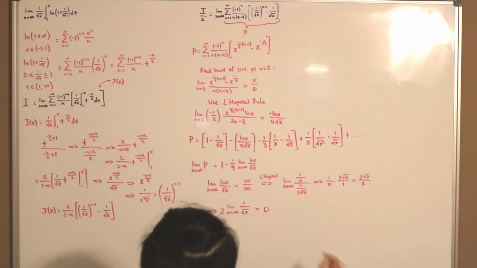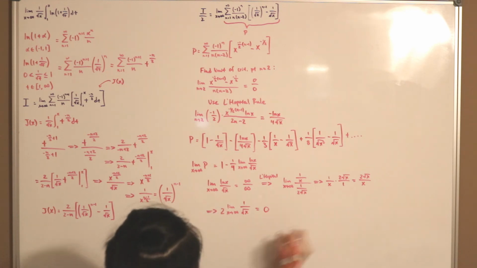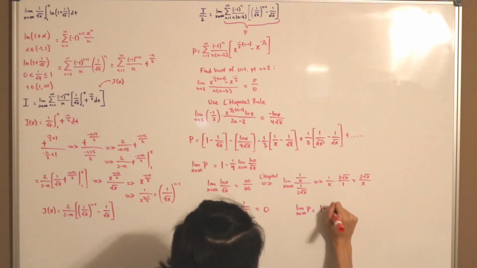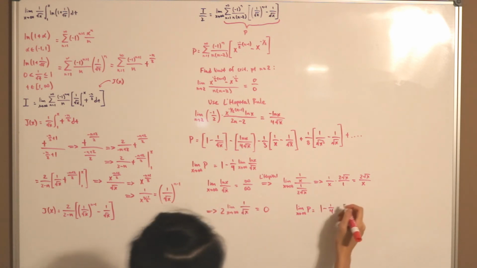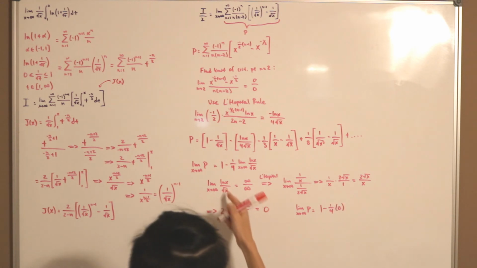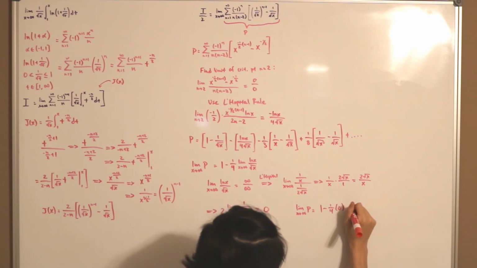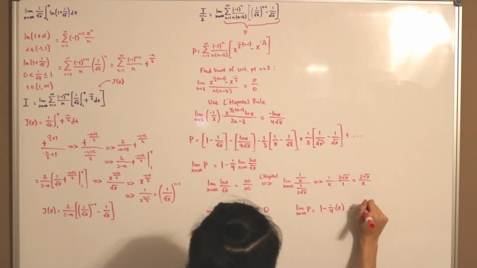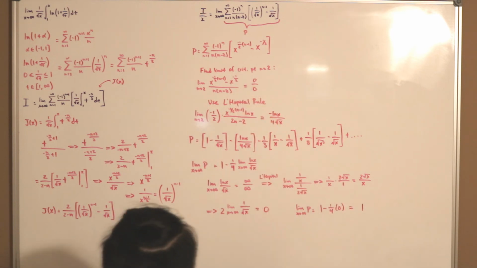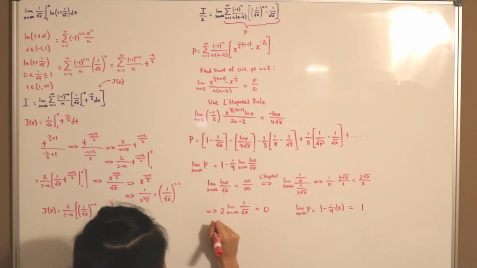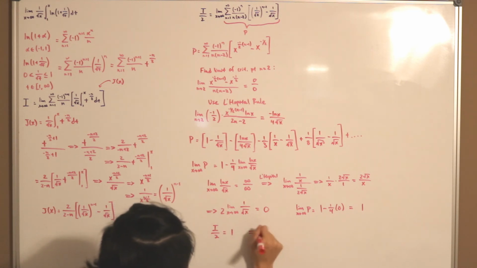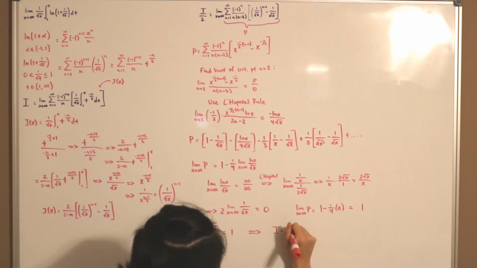Okay, nice. So we have that the limit of p so far is equal to 1 minus 1 over 4 multiplied by 0, as shown right here for ln of x divided by square root of x. And so that's actually equal to 1, but that 1 is equal to I divided by 2. So you just multiply by 2 to both sides, and you get that I is equal to 2.